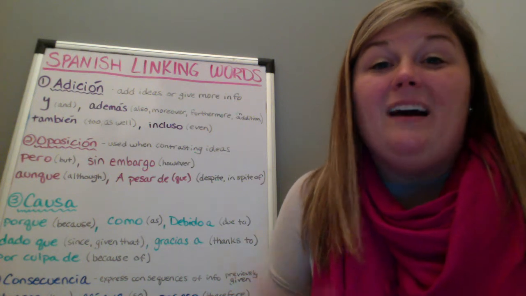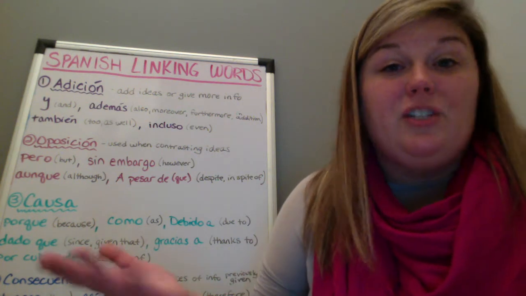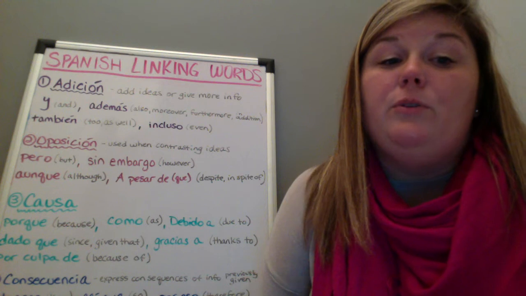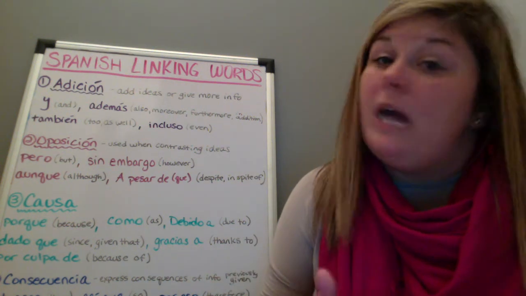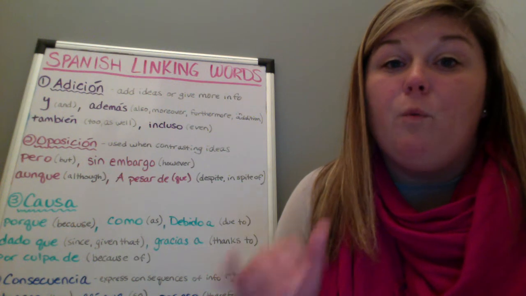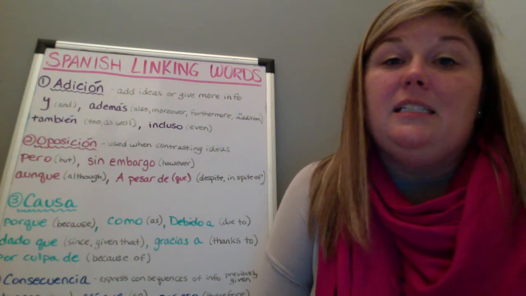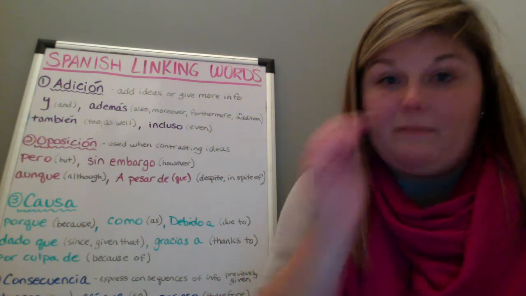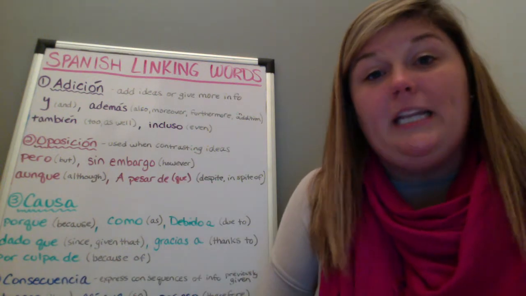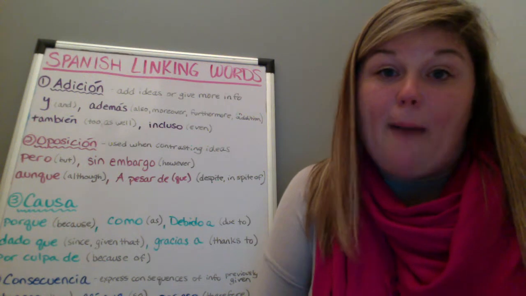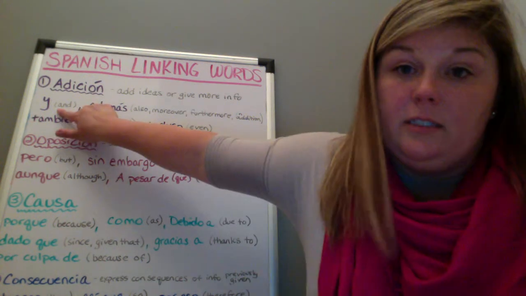Also, when you're making a list of things in Spanish, just as another note, you do put commas in between each item. However, you do not put a comma before the y, before the connector e in Spanish.